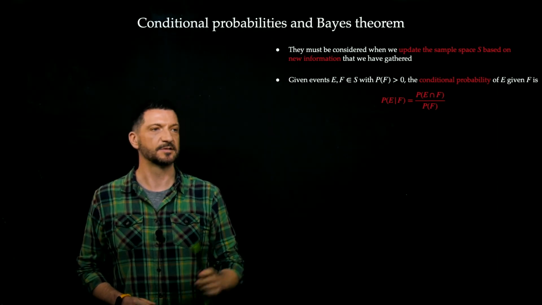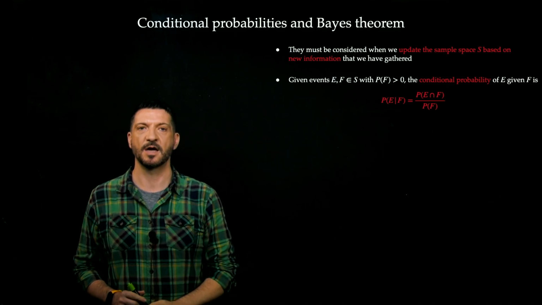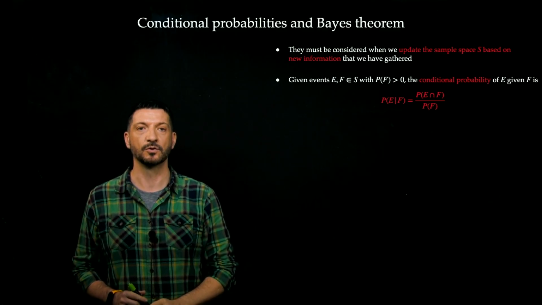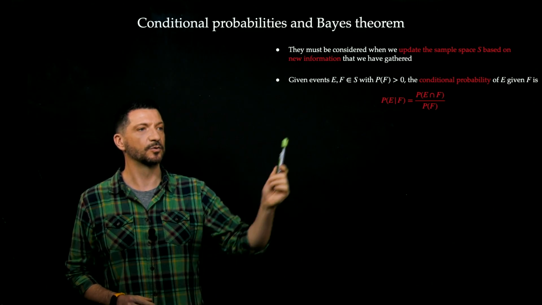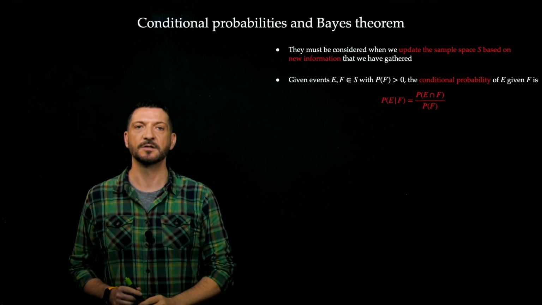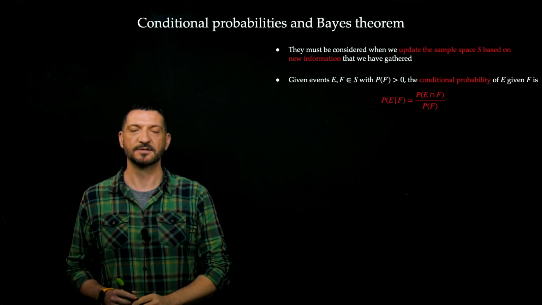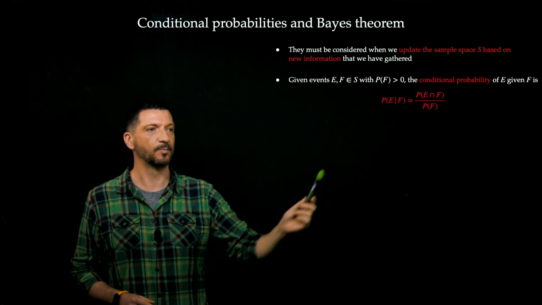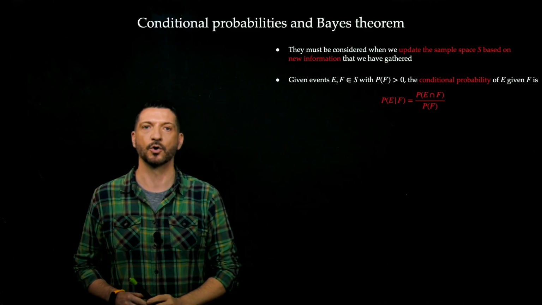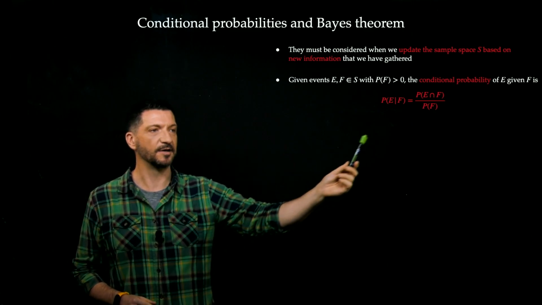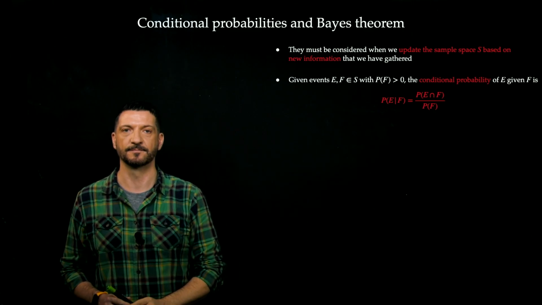We have seen that given two events E and F with F having non-zero probability, the conditional probability of E given F is written with this symbol here, and it's defined as the fraction between the probability that the two events occur simultaneously divided by the probability of F.